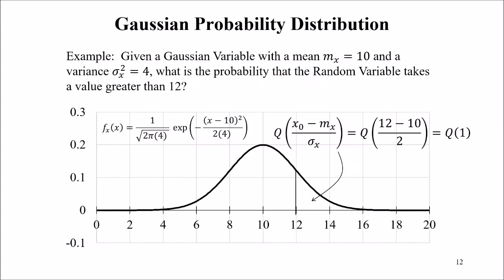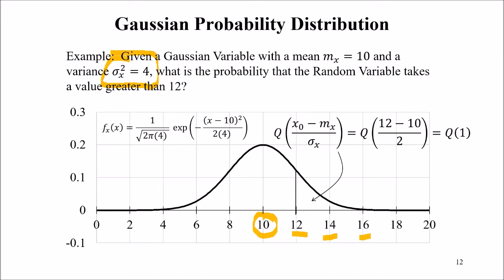So briefly, some numerical examples. Let's say we're given a Gaussian variable with a mean m sub x equal to 10, and a variance sigma x squared equal to 4. Well, that makes the standard deviation the square root of 4, that's 2. So when we sketch the curve, we start with the highest value at the mean, which is 10, and we go 1, 2, 3 standard deviations.